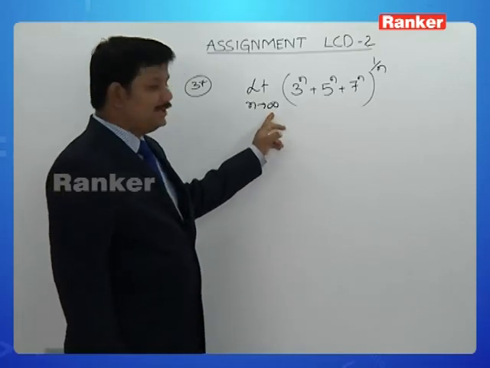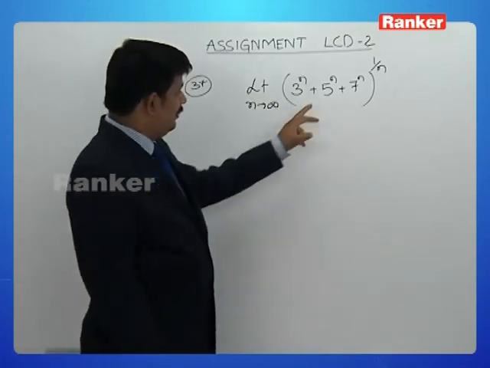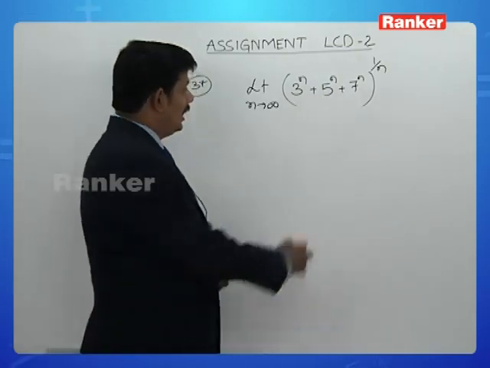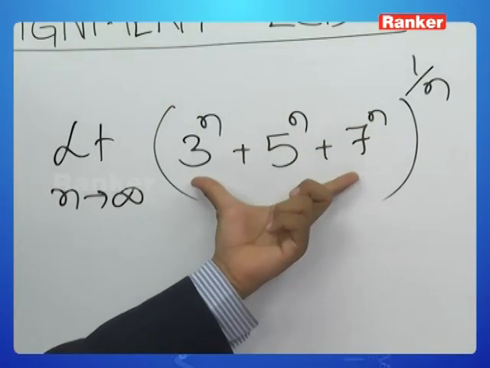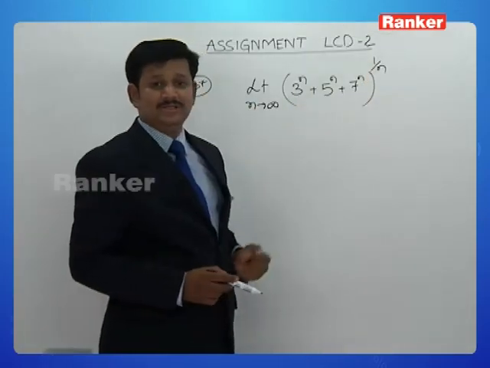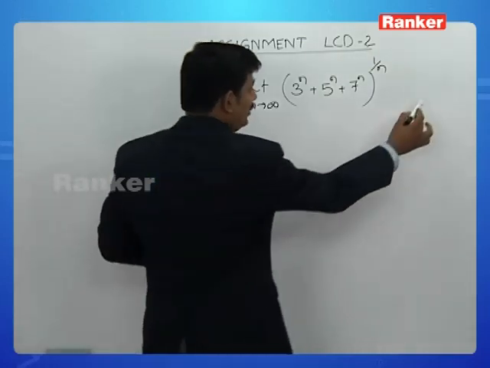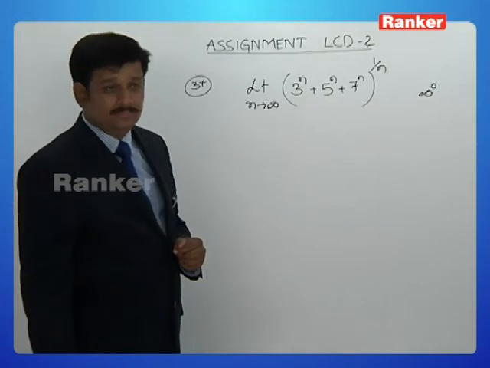Observe, as n tends to infinity, 3 power n tends to infinity, 5 power n tends to infinity, and 7 power n tends to infinity. So, this is infinitely large number, and as n tends to infinity, power is tending to 0. This is in the form infinity power 0, which is an indeterminate form.